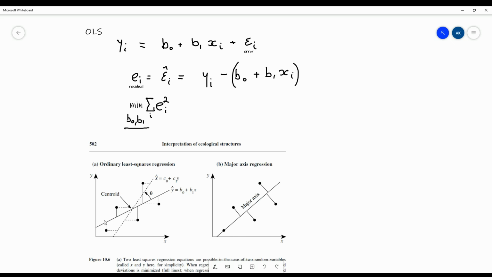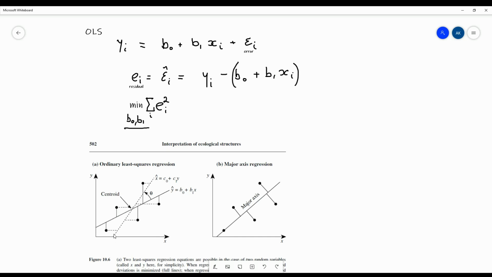They're vertical, because we are minimizing the deviations along the y-axis, the dependent variable. That's the OLS approach when we are regressing y on x. But what if we regress x on y?